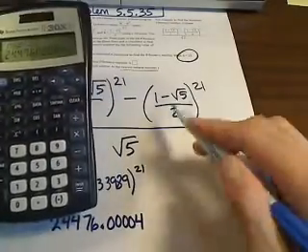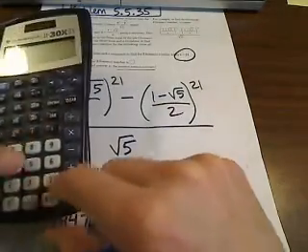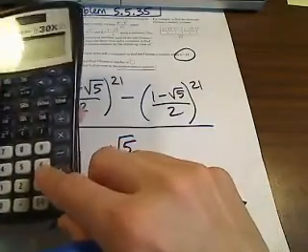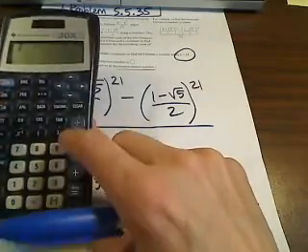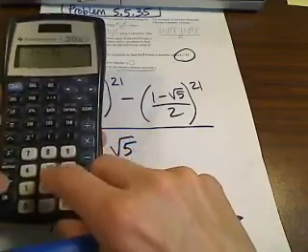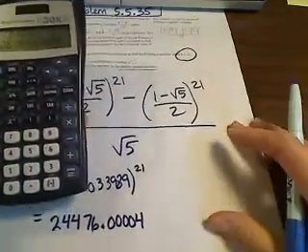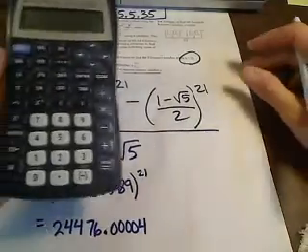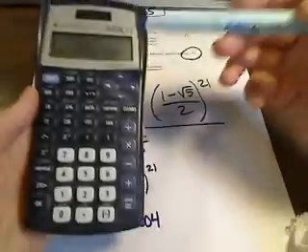Okay, let's do the same thing for this number over here. So we start with a parenthesis, 1 minus the square root of 5, and then divide that by 2. This ends up being 1 minus phi.